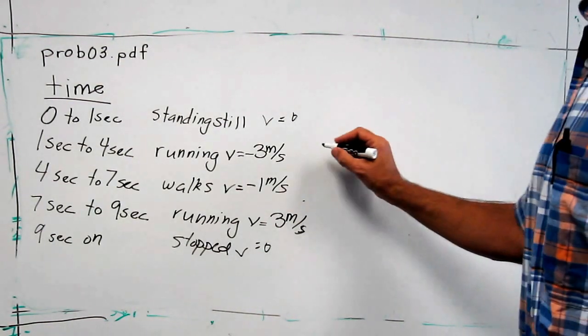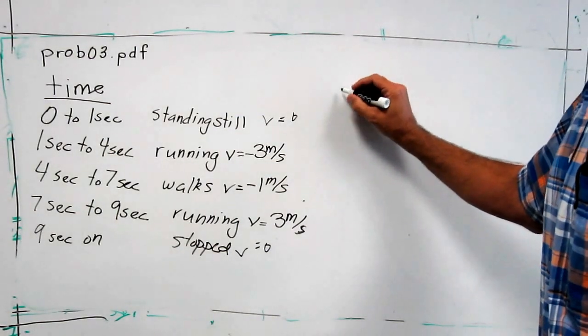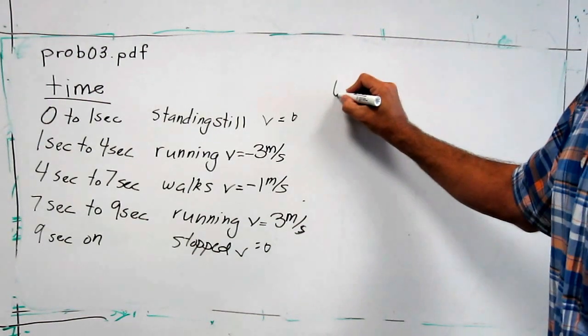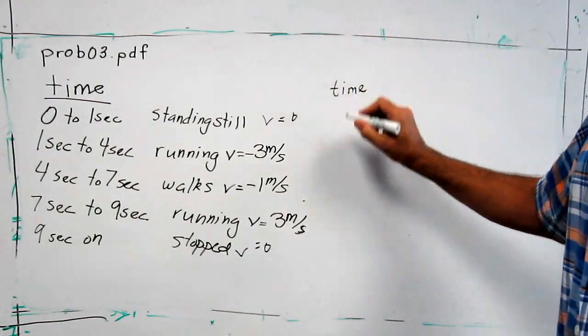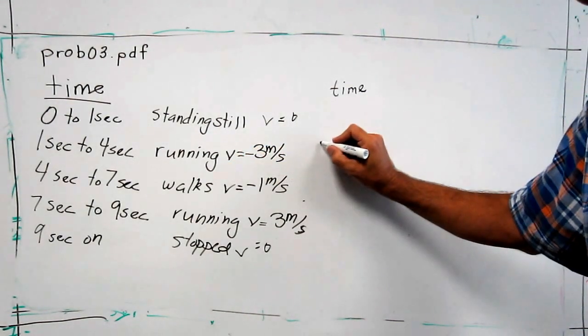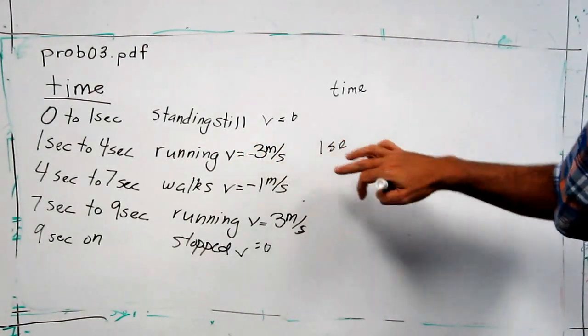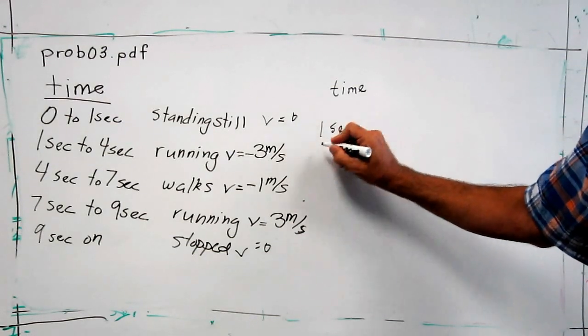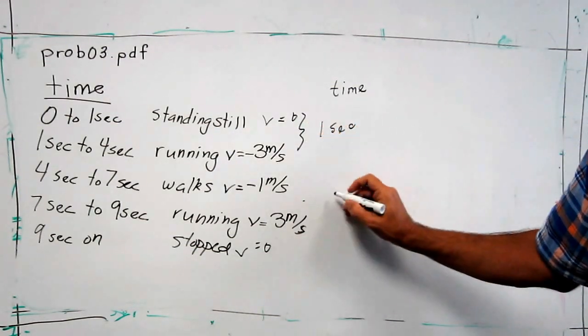And so there is going to be acceleration at, so I'm going to put time again here, and we're going to draw the graph below, at 1 second. Let me make this in between. At 1 second, you go between these two.